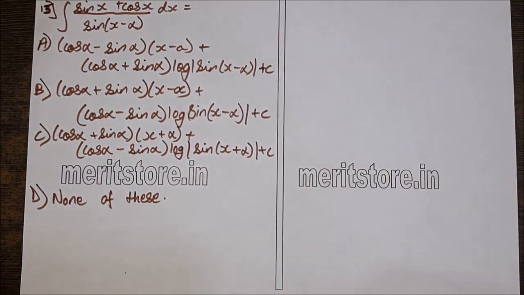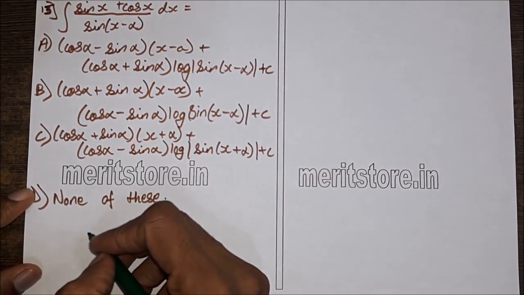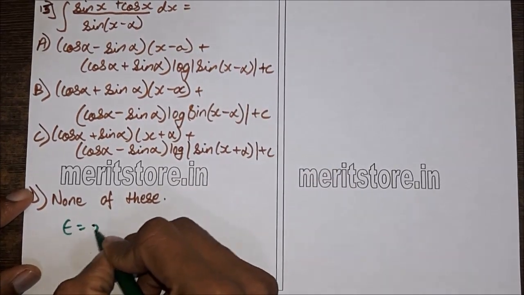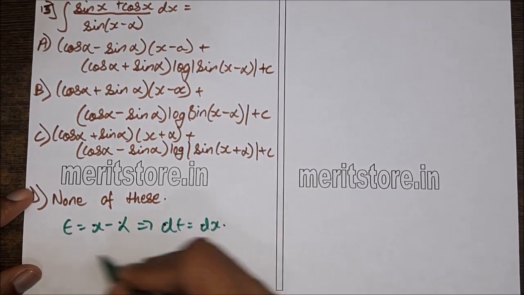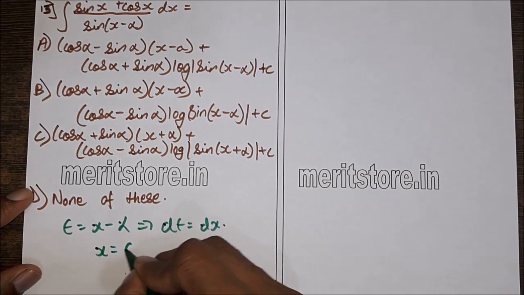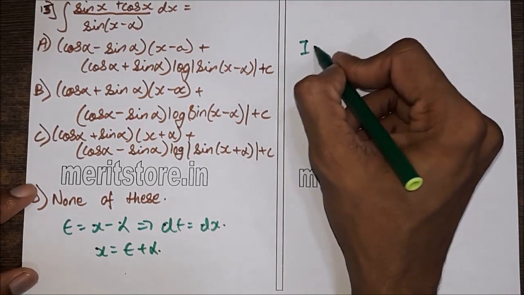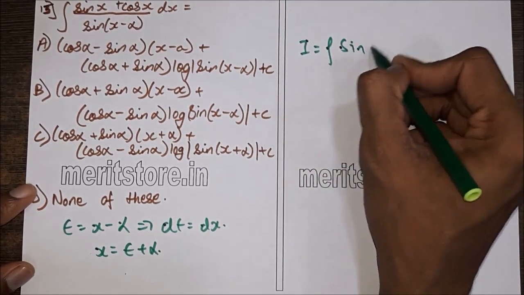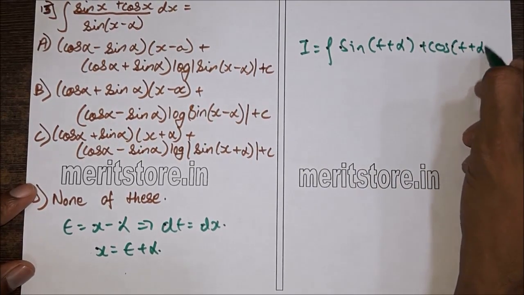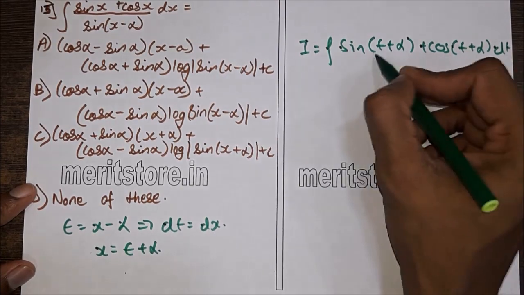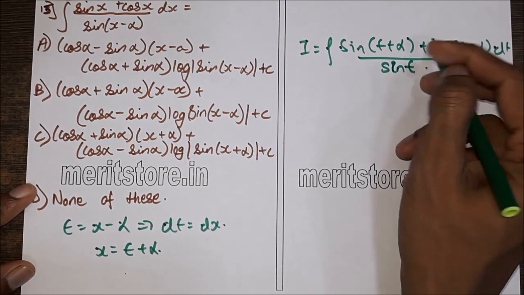Question 15, integral of sin x plus cos x upon sin x minus alpha dx is equal to. We are given 4 options. We put t is equal to x minus alpha. We differentiate both sides, we get dt is equal to dx, and x is equal to t plus alpha. We substitute this, we get I equal to integral of sin t plus alpha plus cos t plus alpha dt upon sin t.